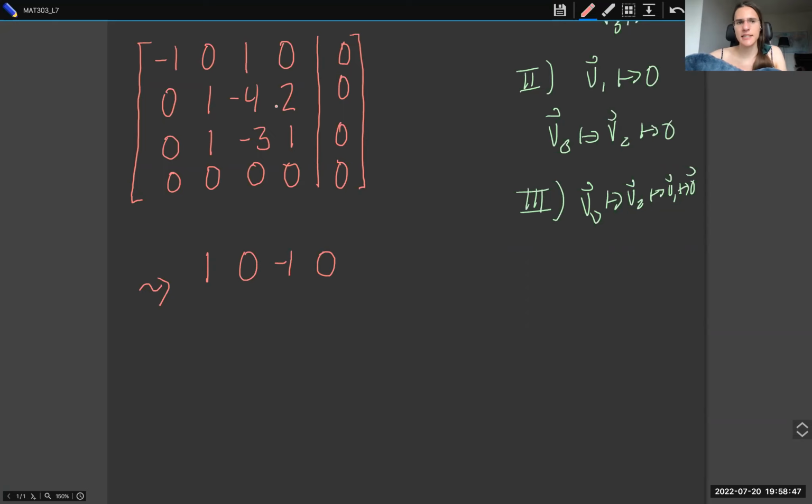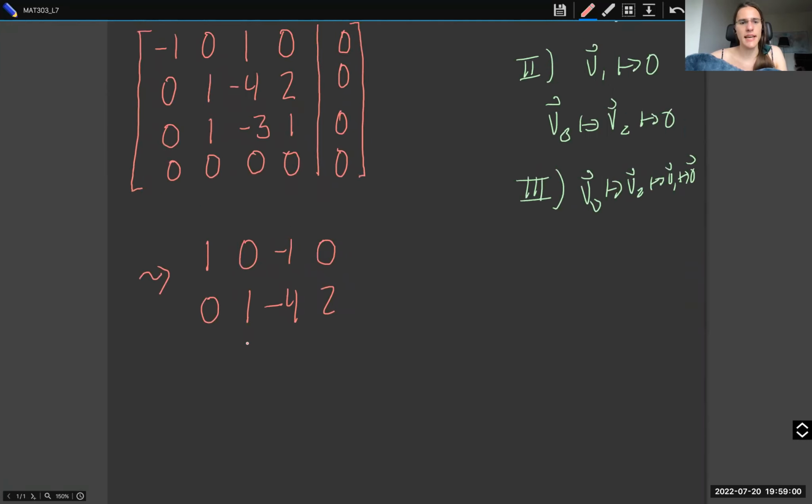Now, let's take this and leave it as is. And we're going to subtract this from this. So that's going to give us a 0. Then when we're subtracting 1, so we're adding 4 now, and that's going to give us a 1. And then we are subtracting 1, and here we're subtracting 2. So that's going to give us a -1. And then here, there were all zeros to start off with, so they're all going to be zeros to end off with.